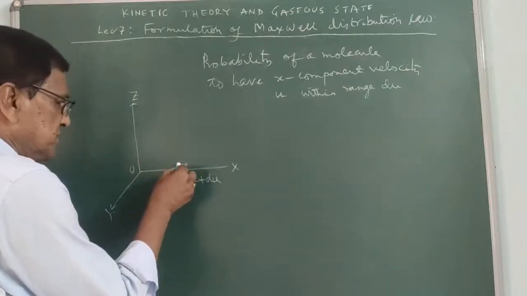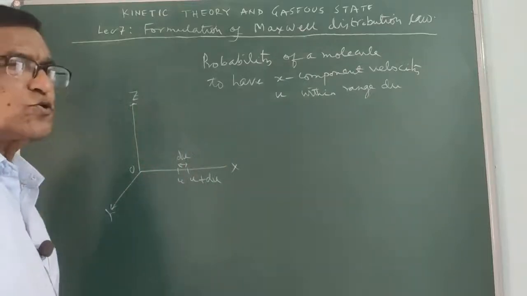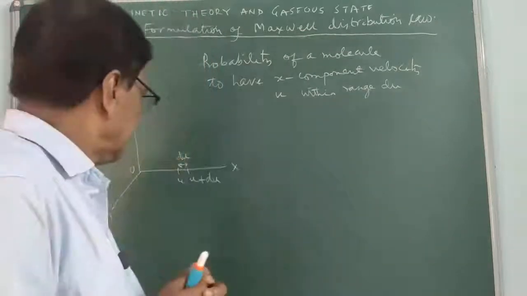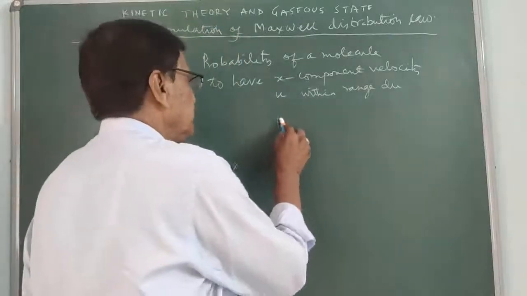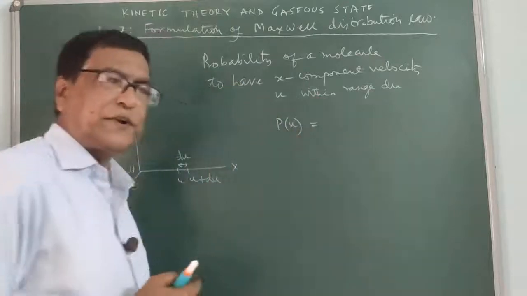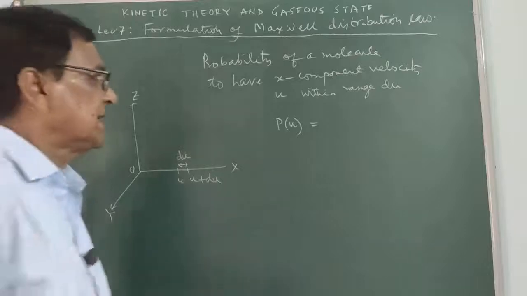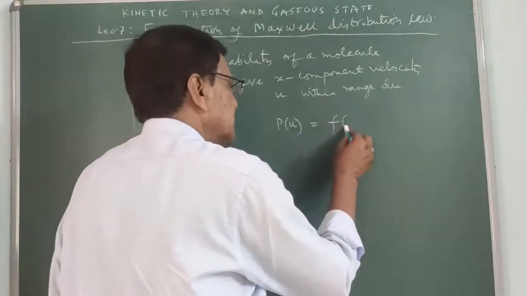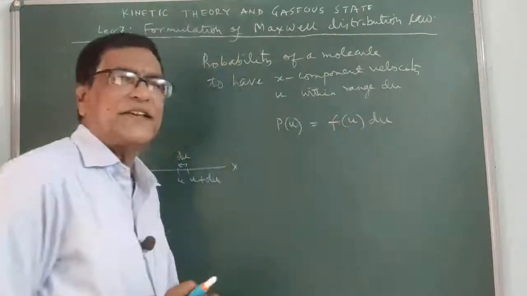So what will be the probability in this case? The probability Pu of a molecule to have the x component velocity u is equal to some function of u and this range.